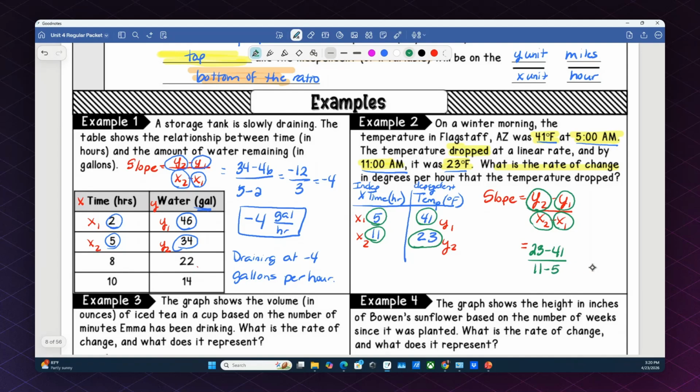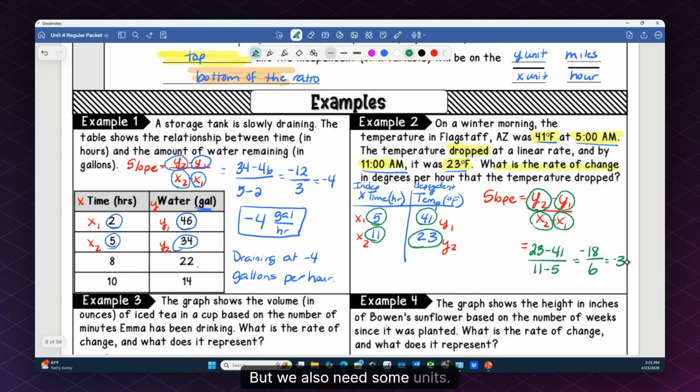Okay. So let's do a little bit of math here. 23 minus 41. That is going to be negative 18. And then 11 minus 5, that is going to be 6. And so we can simplify this. Negative 18 divided by 6 is going to give me negative 3.